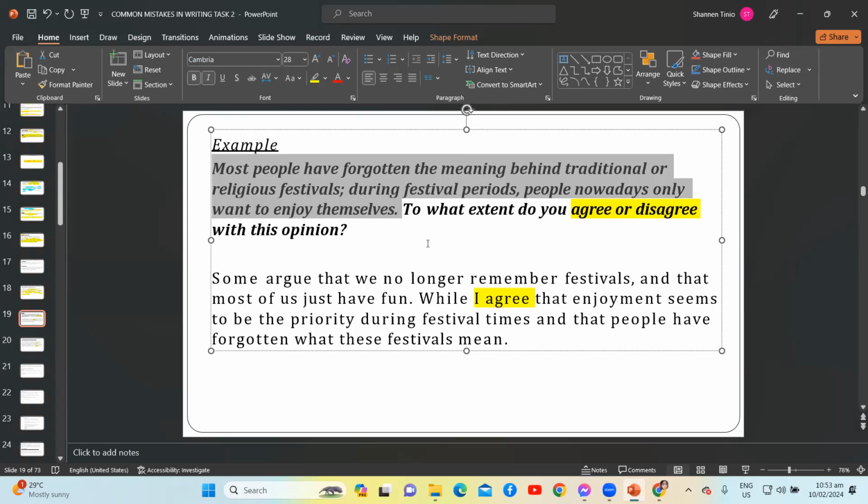For example, I disagree that people no longer value the real reason why we celebrate festivals, traditional festivals.